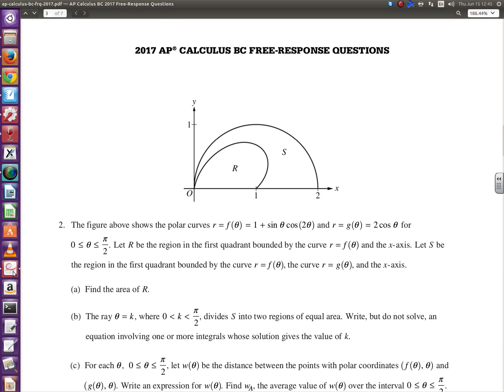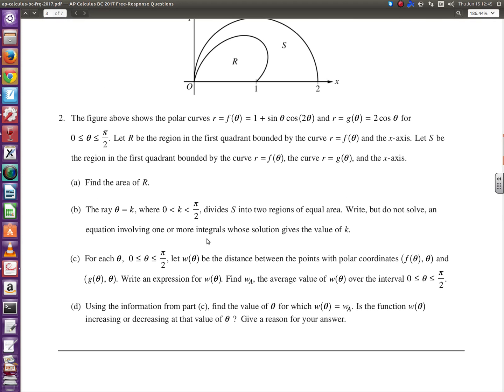Part C says, for each theta between 0 and pi over 2 inclusively, let w of theta be the distance between the 2 points with polar coordinates f of theta, comma theta, and g of theta, comma theta.